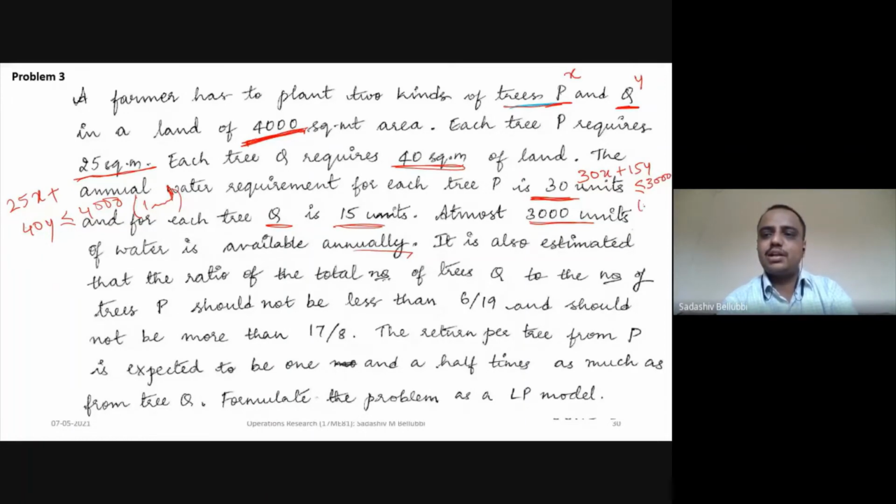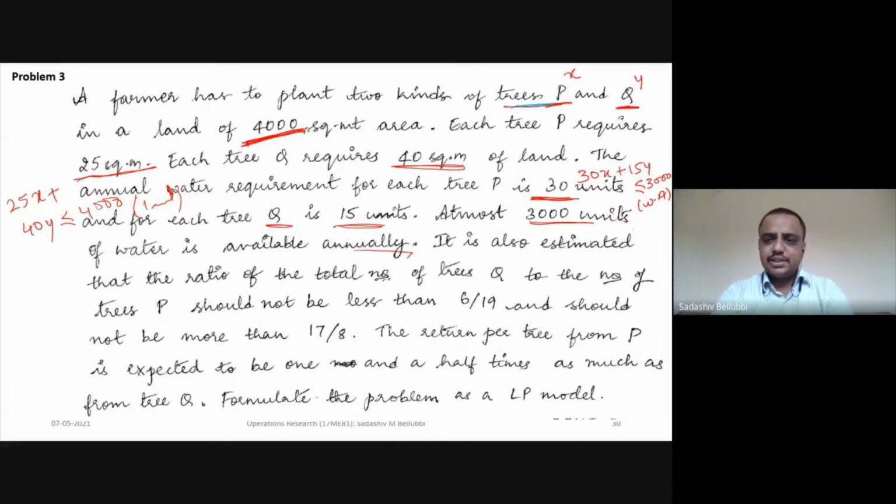This is about the water availability. This is one more constraint. So 30x plus 15y should be lesser than or equal to 3,000. This constraint belongs to the water availability.